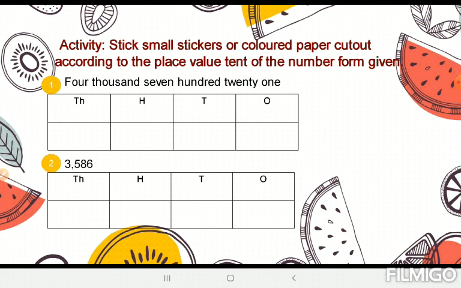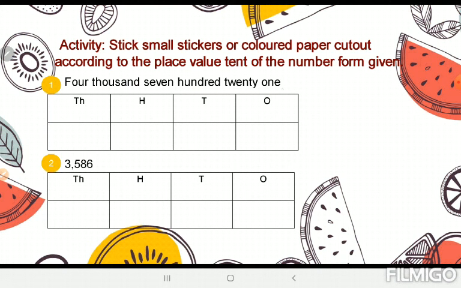So a small activity I'm going to give you. This activity plus whatever questions we have done in the presentation, you are going to write in your notebook. This activity says you have to stick small stickers or colored paper cutouts according to the place value tent of the number form given.